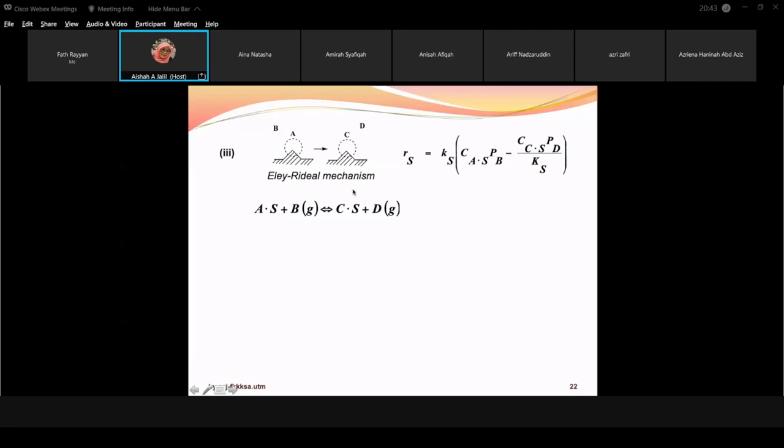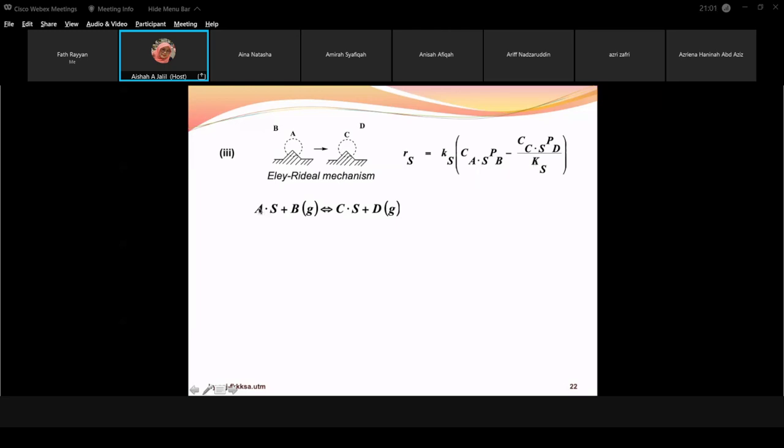So like this we call it Eley-Rideal mechanism. So when the question asks for Eley-Rideal, you have to imagine like this. Okay, and then the product becomes C attached to the S and D gas. So you have to write the rate law like this.